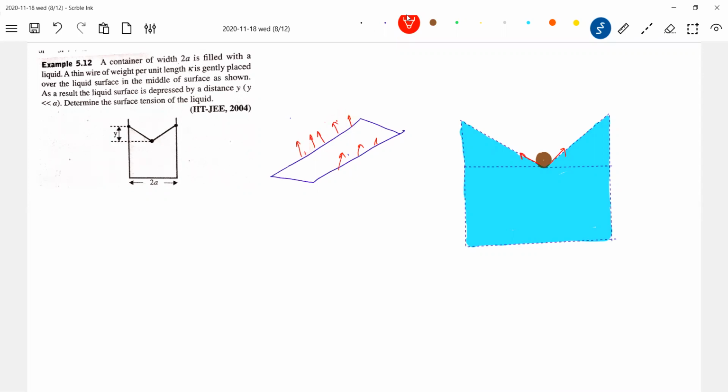It will make some angle. Here also it will make some angle. Able to imagine? So along the length, the force will be making an angle. Let this angle be theta. This is y. This is a. So tan theta is y by a, and who will balance the weight? The force due to surface tension.